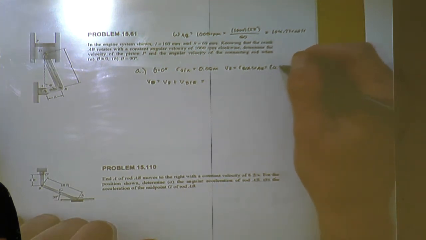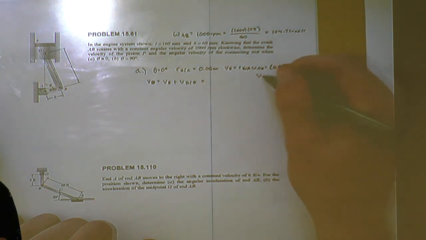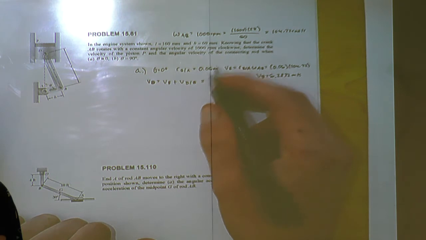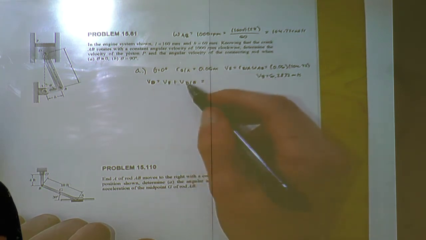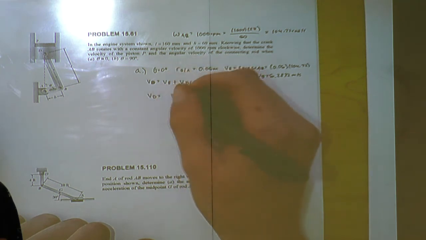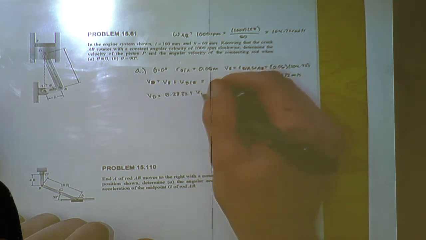So we have 0.06 times the 104.72. So vB is equal to 6.2832 meters per second. So for vD, from the equation I just wrote out, vD is equal to 6.2832 plus velocity of D relative to B.